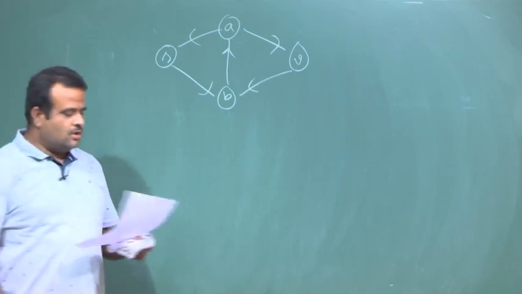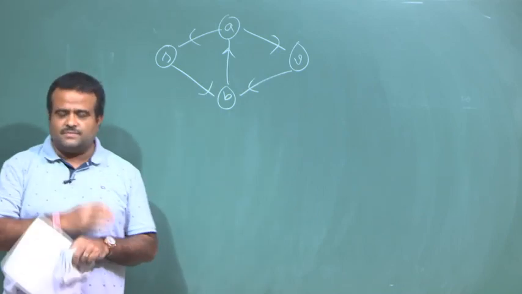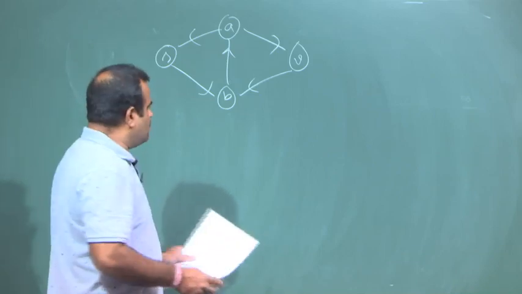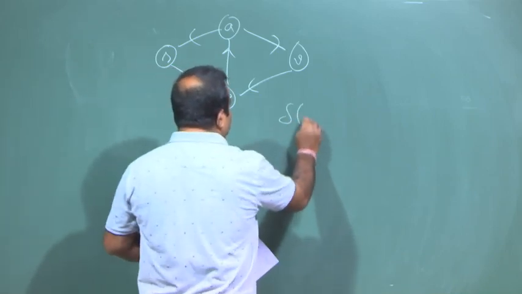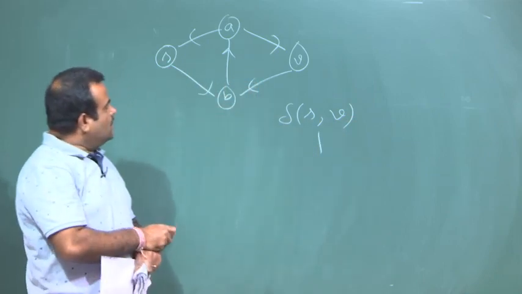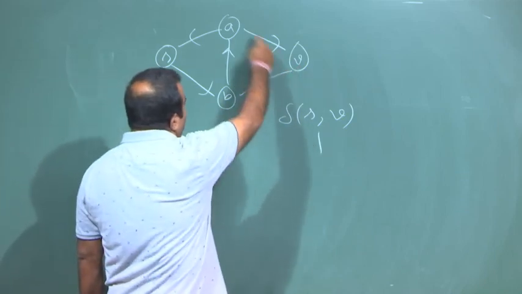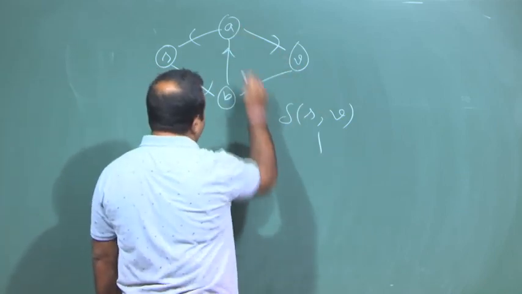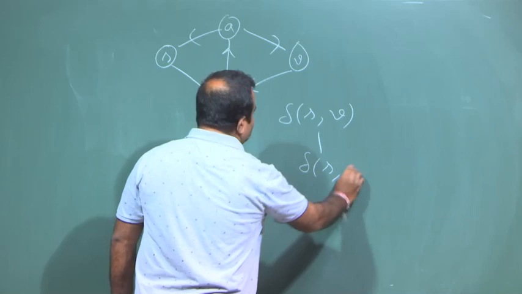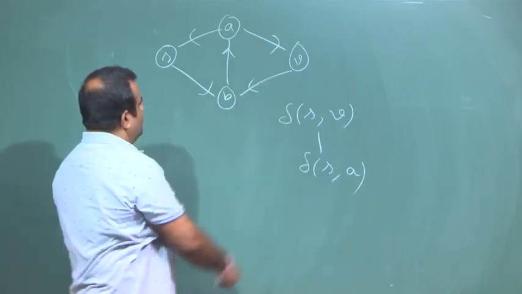Now suppose we want to apply this memoized algorithm, the guessing algorithm, and we want to compute delta of S to V. To compute this, what are the edges going into V? The in-degree edge is from A. So, to compute this, you have to compute delta of S comma A, because there is only one edge going in.